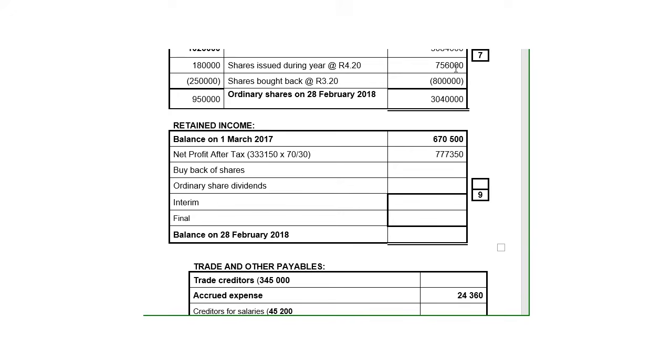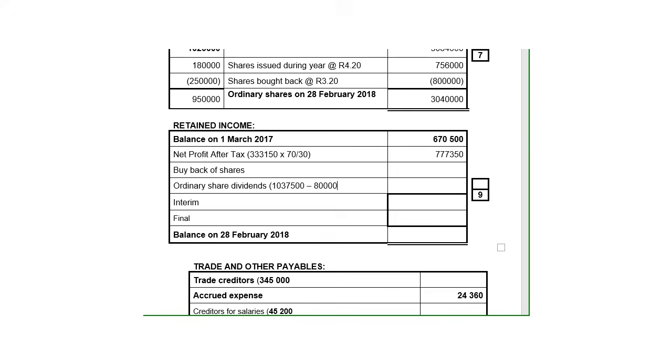So 800,000 of that 1,037,500 was paid from ordinary share capital. So the rest, the difference, must come from the retained income. So in total, my payment is 1,037,500 minus the 800,000 that came from ordinary share capital.